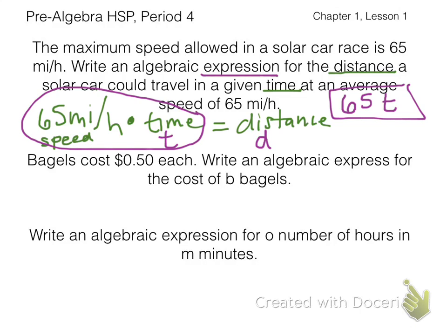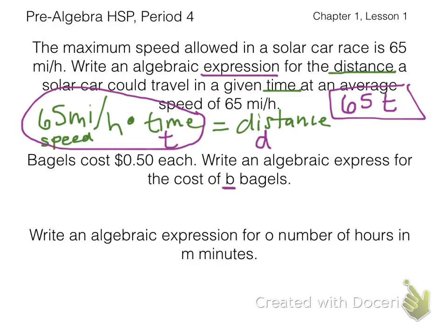If bagels cost 50 cents each, we're going to write an expression for the cost of B bagels. What it means here by B bagels is we don't know how many bagels we have. So instead we're going to use a letter to represent this unknown. But we do know that each bagel costs 50 cents.